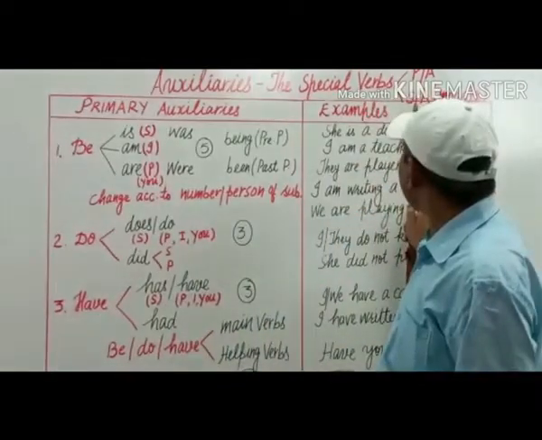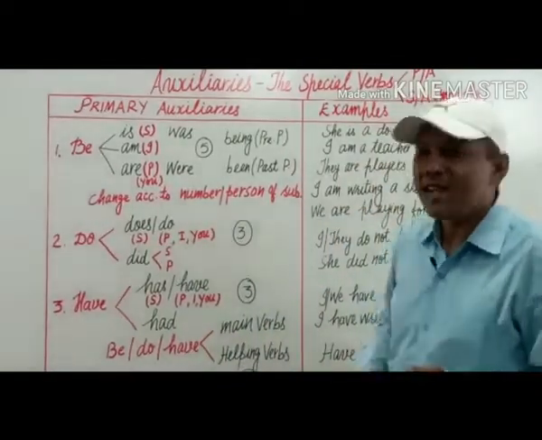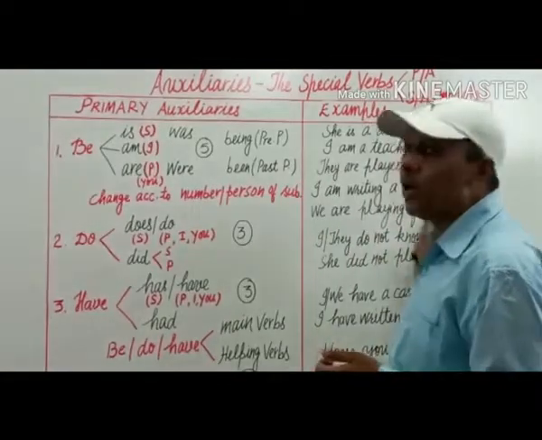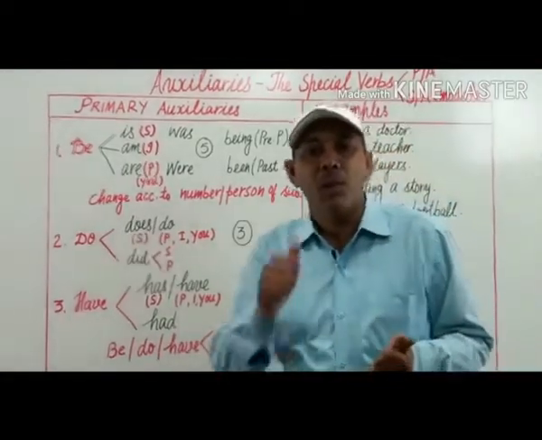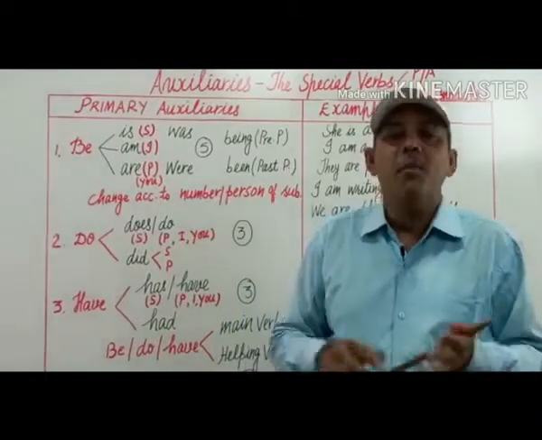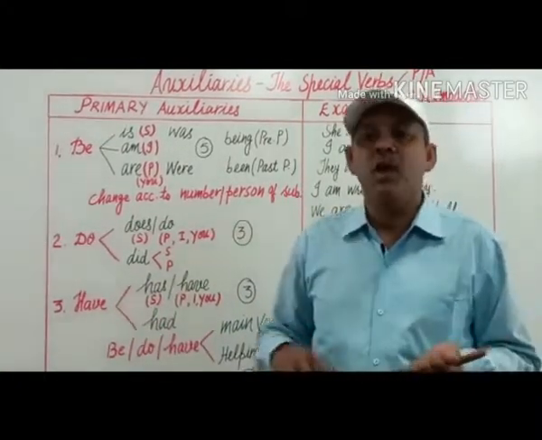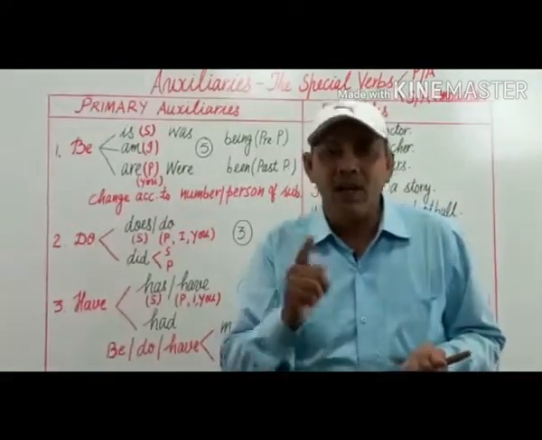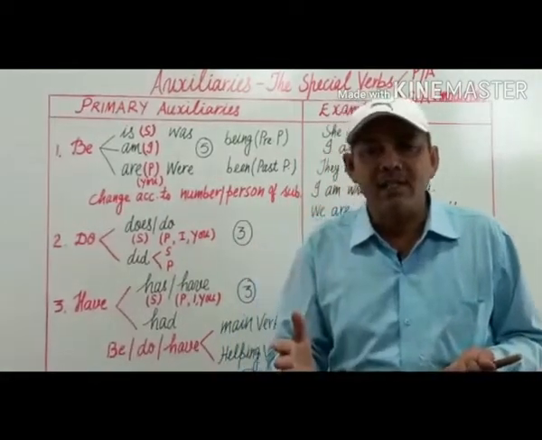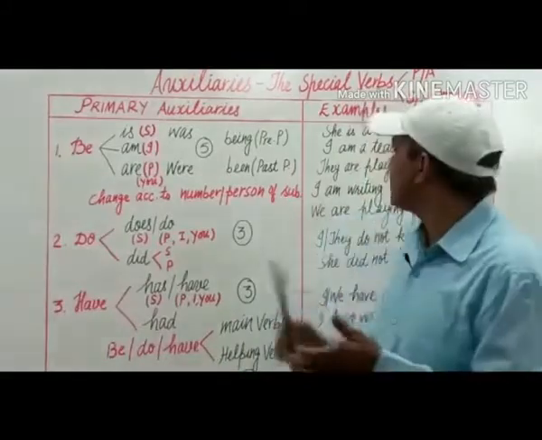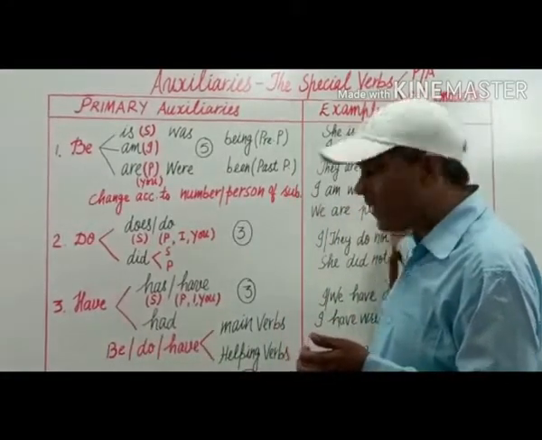And the next is secondary auxiliaries. Secondary auxiliary means modals, modal verbs or modal auxiliaries. It is known by three names: modal auxiliaries, modal verbs और modals. इन तीनों नामों से हम सेकेंडरी ऑक्सिलरीज को जानते हैं.